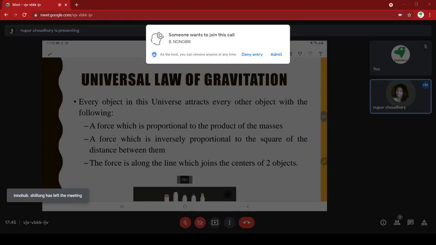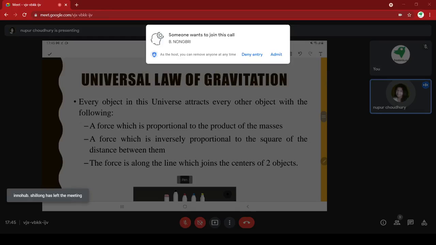Now let us see this in a diagrammatic way so that it is much easier for us to relate. If you can see this picture, Earth has mass m, as I mentioned already. This is the first object, which has mass m, and the second one is another object which has small m as the mass. So what would be the force?